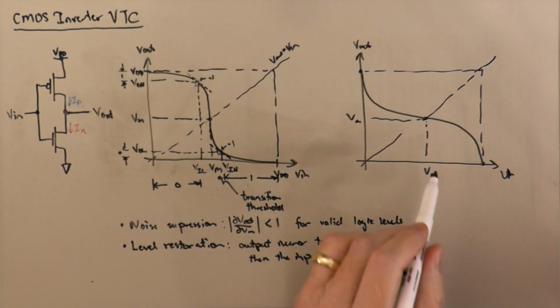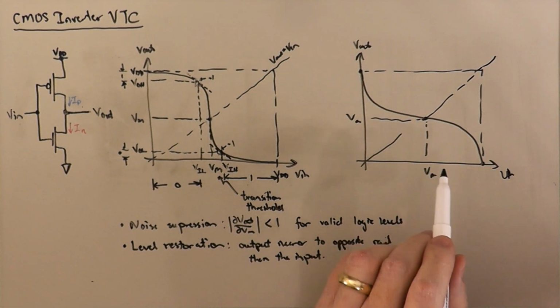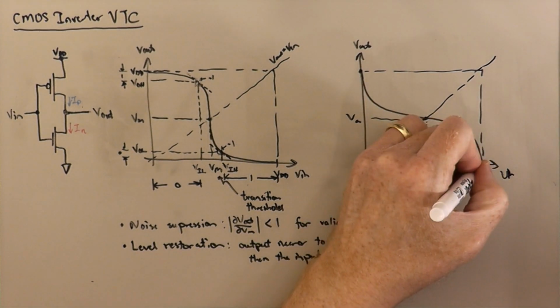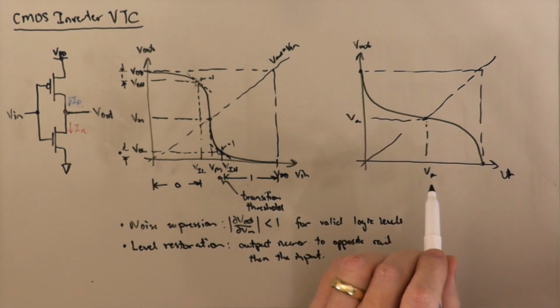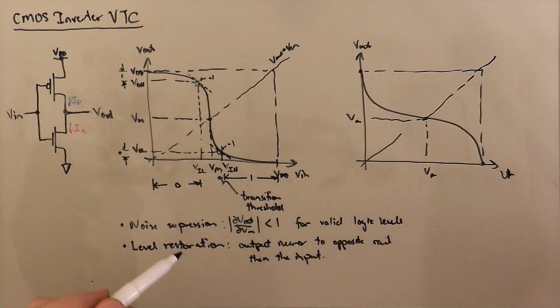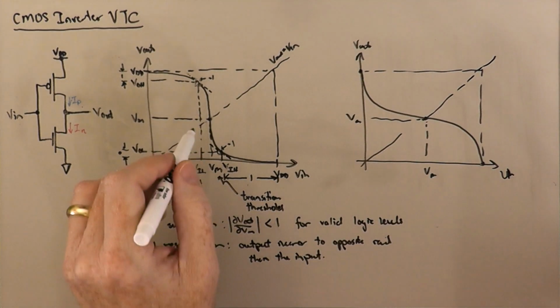And it turns out that if we had a logic gate that looked something like this, we couldn't actually build reliable digital systems with it, because it would have exactly the opposite properties of the normal inverter characteristics.